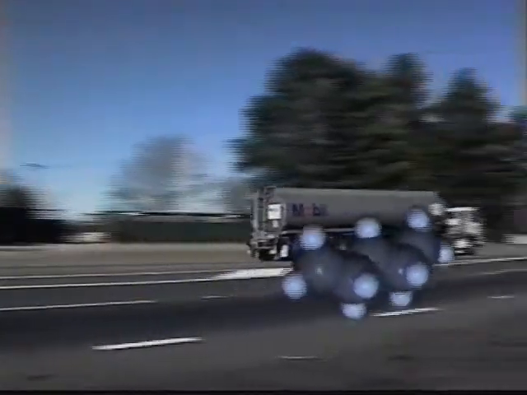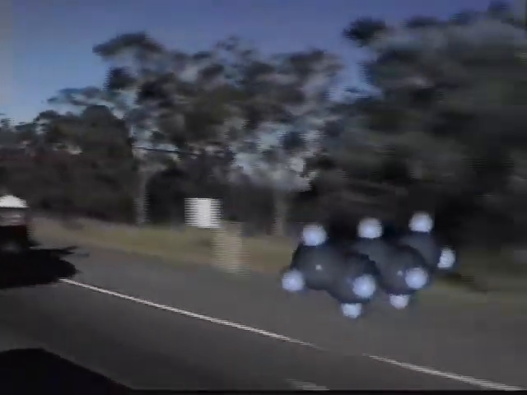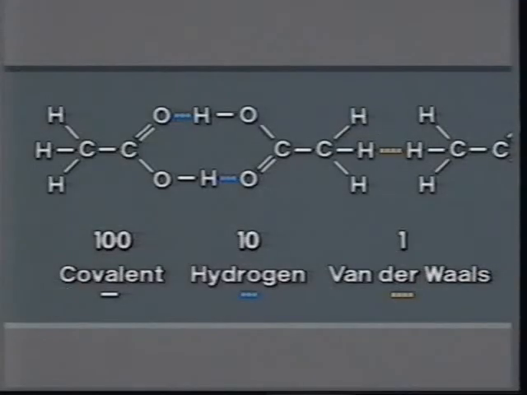Without the butter bonds, or bonds between molecules, they would be gases. So, summing up, if covalent and ionic bonds are about 100 units of strength, hydrogen would be about 10, and the van der Waals forces would be only 1.